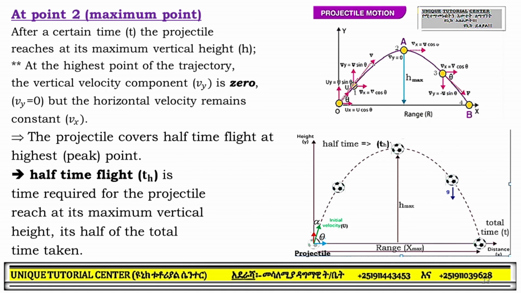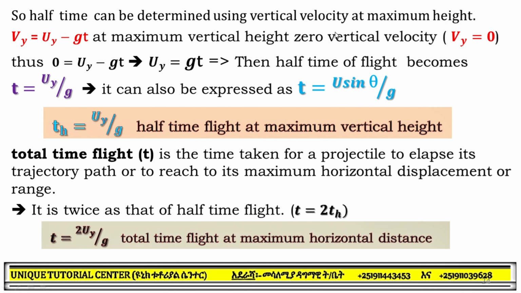So let's try to determine half-time of flight first. It can be determined using the kinematic equation of velocity. At maximum height, the vertical velocity Vy is Uy minus gt, and we know that at maximum vertical height Vy is 0. So when we substitute 0 here, 0 equals the initial velocity Uy minus gt.